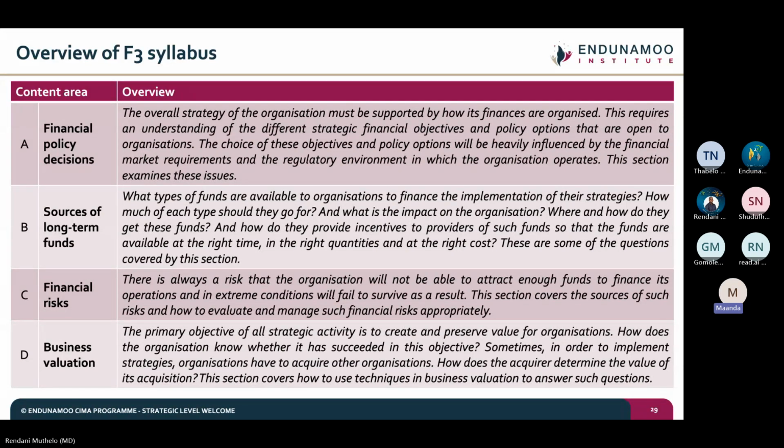It means that we need to consider a lot of things. We need to consider our environment, our financial market landscape, and how the interest rate and the regulation can have an impact on those financial policies that we need to make. So we need to start thinking about these things before we make a financial policy or a decision.